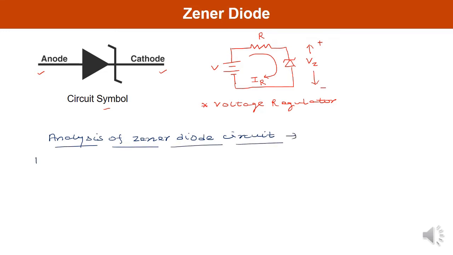Here you have to understand the two conditions. When the applied voltage V is greater than the Zener voltage Vz, what will happen? Let me draw it.